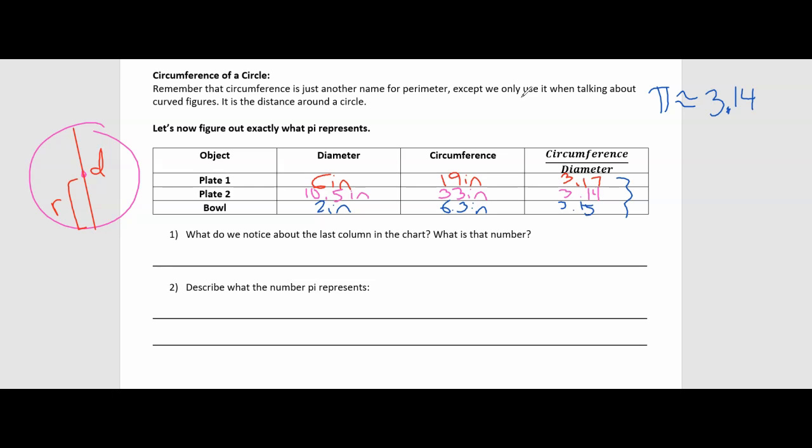It's a Greek letter, but it stands for a number. But I digress. It turns out that in a circle, this relationship always holds true. If you divide the circumference by the diameter, you get the same number every time. And that number ends up being pi. So that's where pi comes from. It's not just a random number we made up.